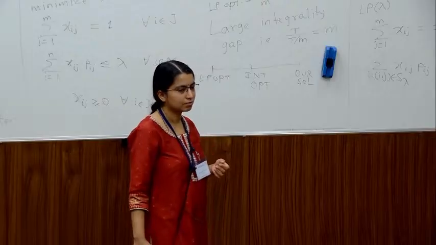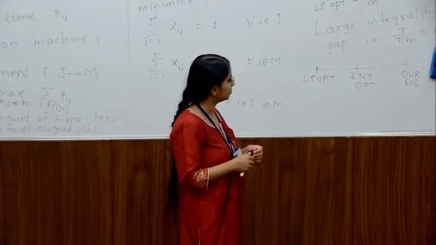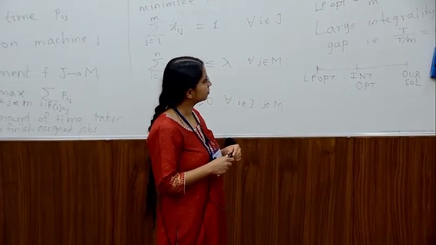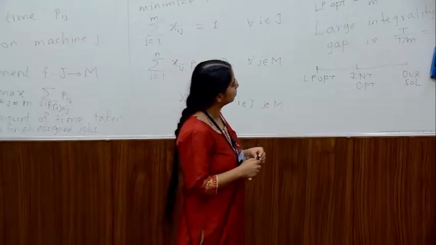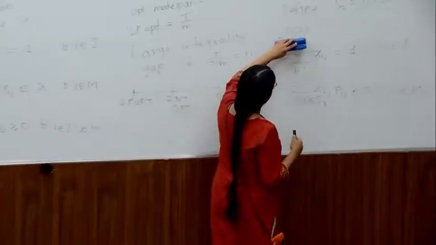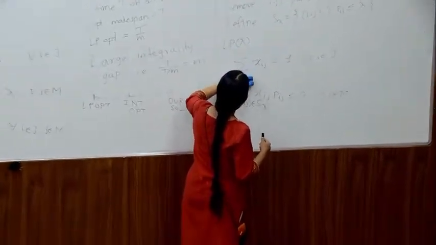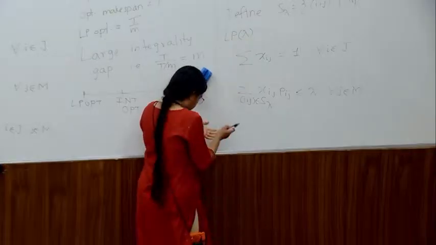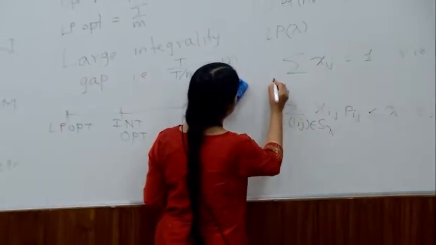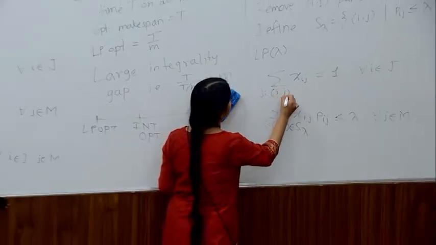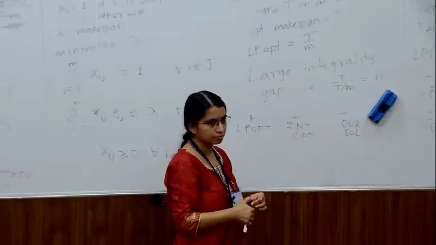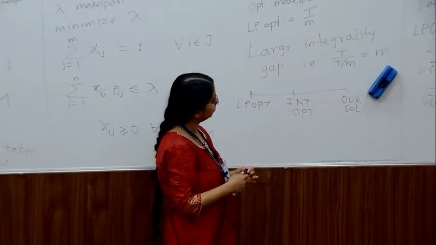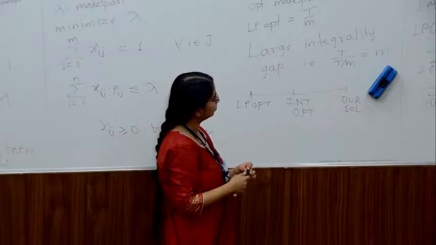So if we have such a lambda in the LP formulation, summation xij equals 1 for all i, that won't happen for that lambda, because if some job isn't scheduled, then the sum won't be 1. Here also I should write over only S lambda. So j such that ij belongs to S lambda.